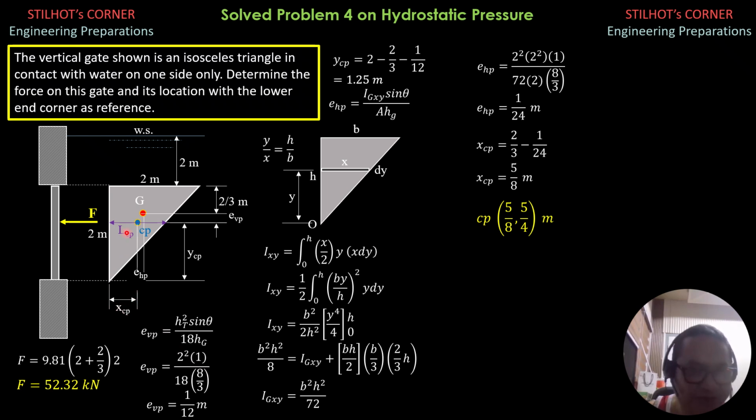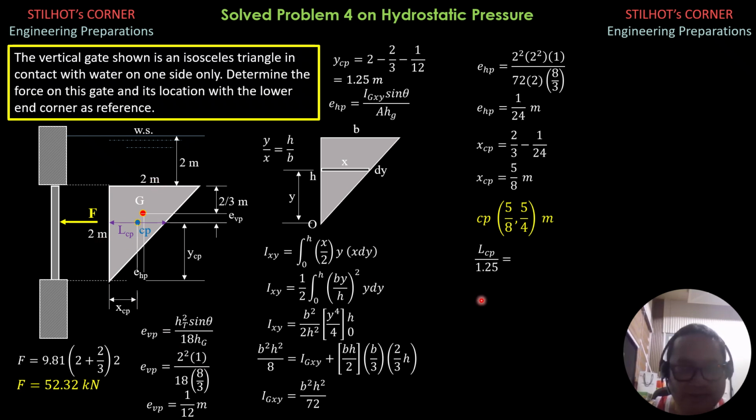And let's do it. So from the figure, L sub CP as to y sub CP, y sub CP is a must because we're going to solve for e sub VP. It is 1.25 or 5/4. So L sub CP as to 5/4 or 1.25 equals 2 as to 2.